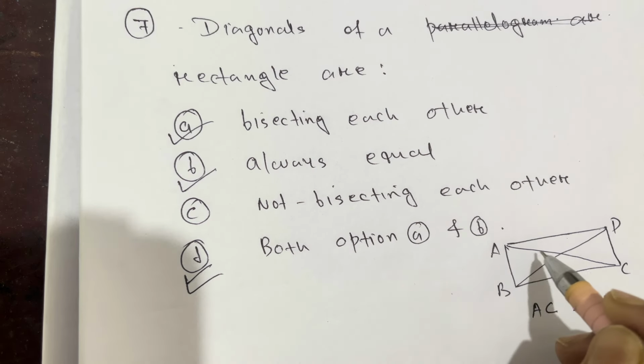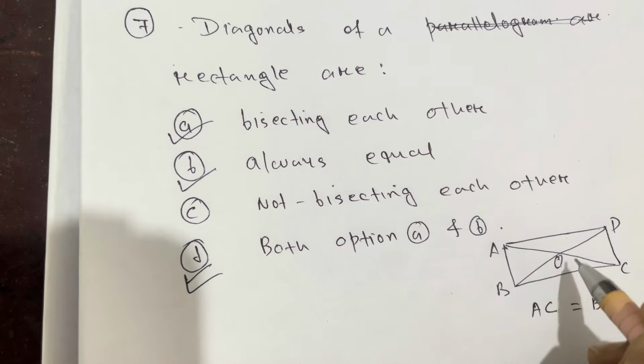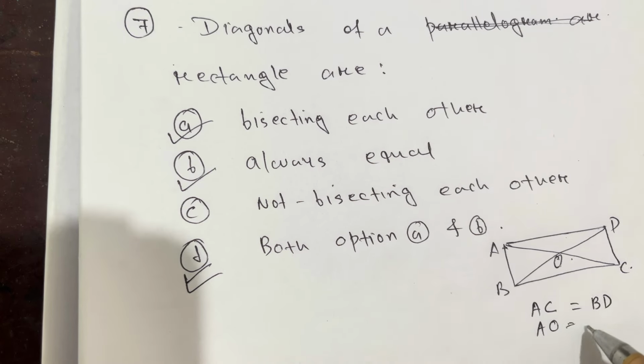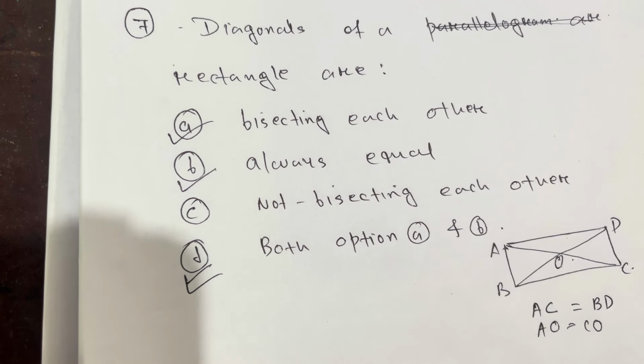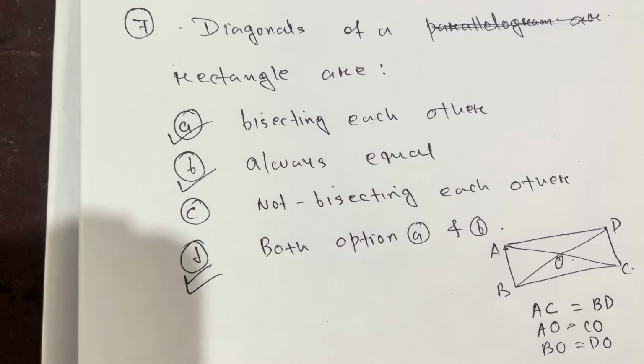Bisecting each other means if AC and BD intersect at O, then O is the midpoint of AC, so AO is equal to CO, and BO is equal to DO. So always remember diagonals of a rectangle are bisecting each other and always equal. That's why option D is correct.